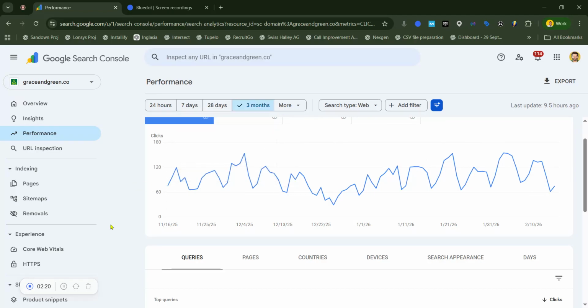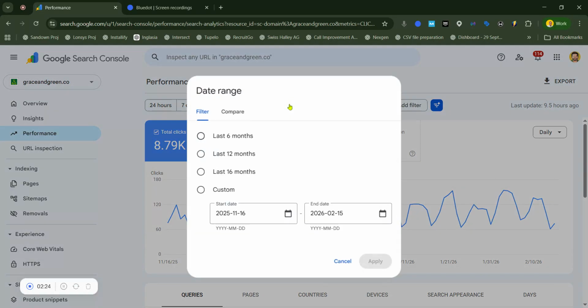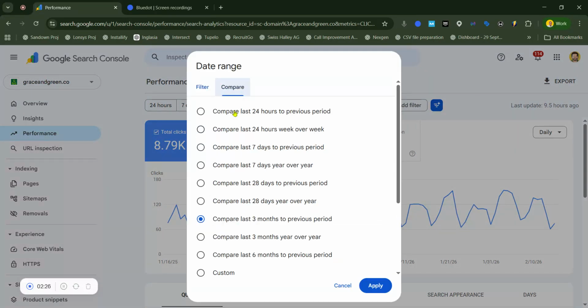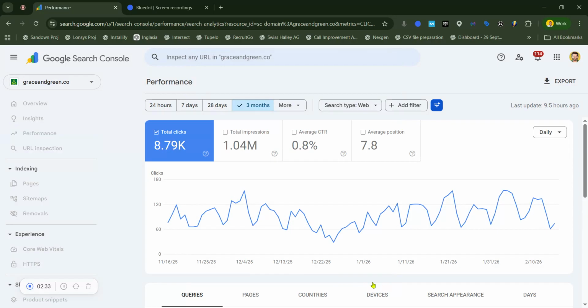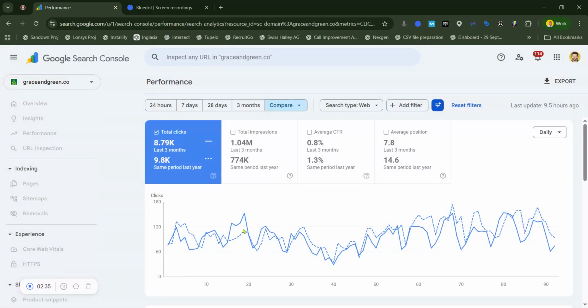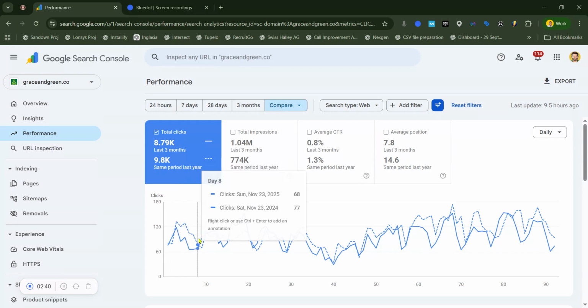Now, the most important step of this lesson is to come to More right here, and then go to Compare. Under your comparison options, you simply select 3 months year over year. Now you can see different statistics depending on the time of the year.